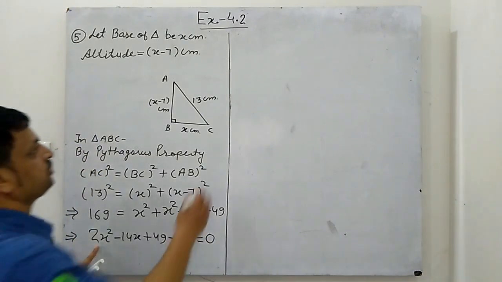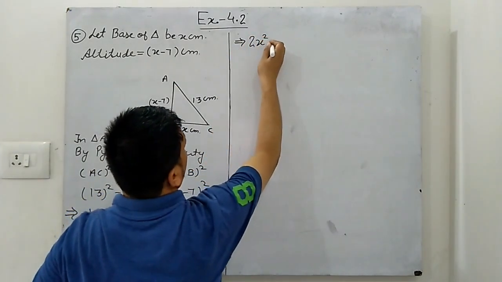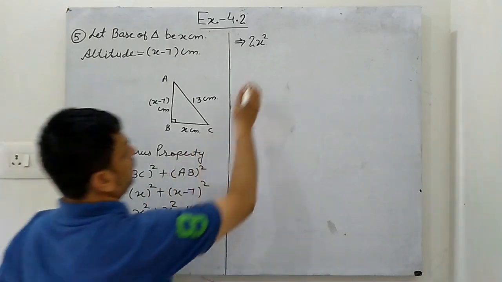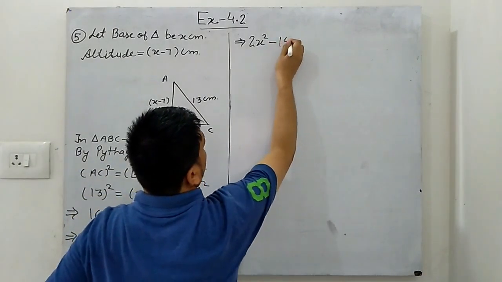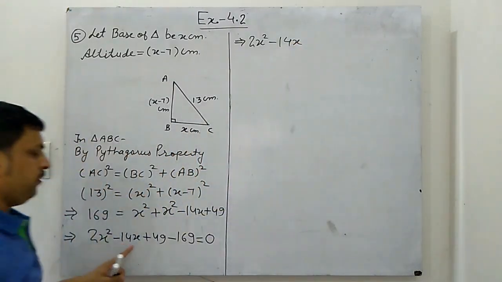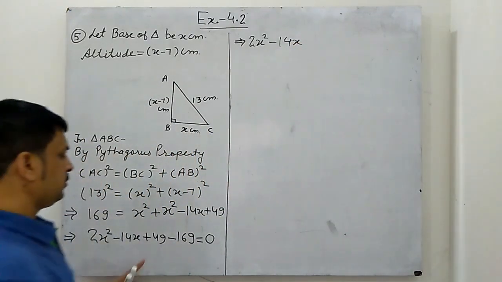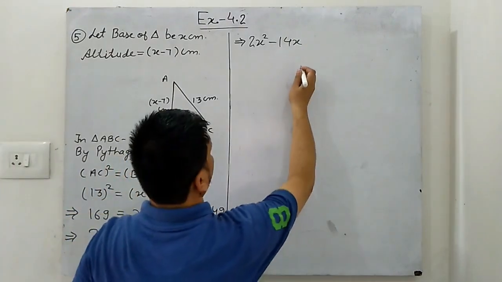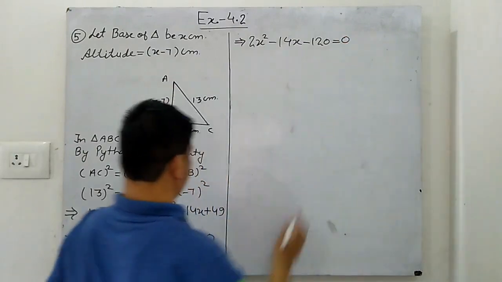Now 2x square minus 14x and 49 minus 169, it is negative 120, equal to 0.